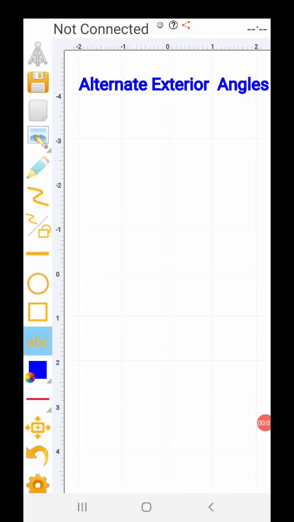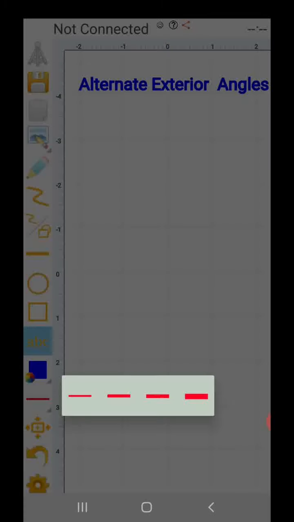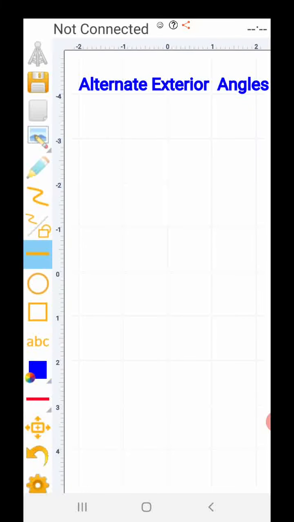Now we discuss alternate exterior angles. Last we discussed the alternate interior angles. Now we discuss alternate exterior angles. That means outside angles of the intersecting lines. So first we draw the lines. Again, this one, this one.